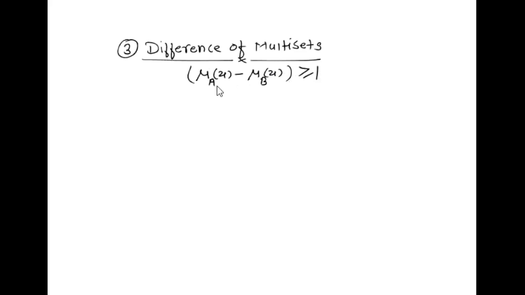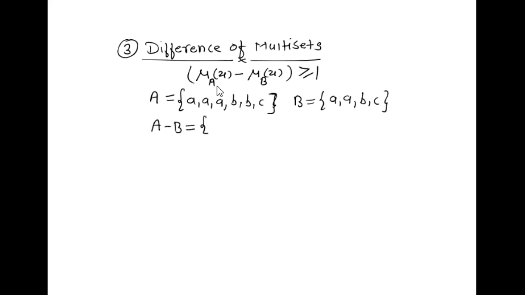For example, if I take set A as A, A, A, B, B, C, and set B as A, A, B, C. Now what will be A minus B? The difference of these two multisets.